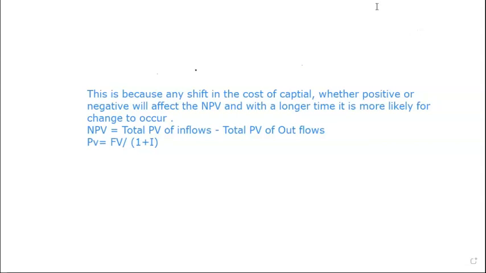NPV equals total PV of inflows minus total PV of outflows. PV equals FV divided by (1 plus i). So that concludes question 1 for Unit 8.